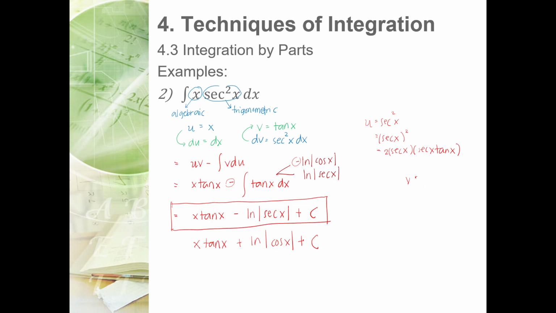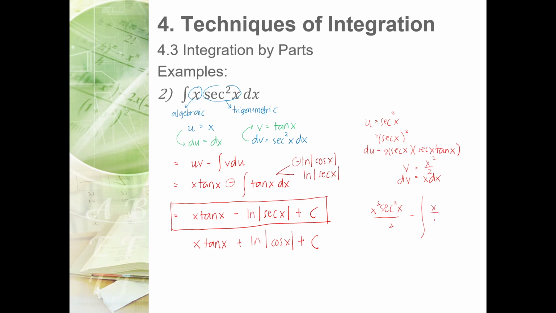And then dv would be equal to x dx. So this one is du and this one is v. So the v part becomes x squared over 2. So x squared secant squared x over 2, then v du, diba?